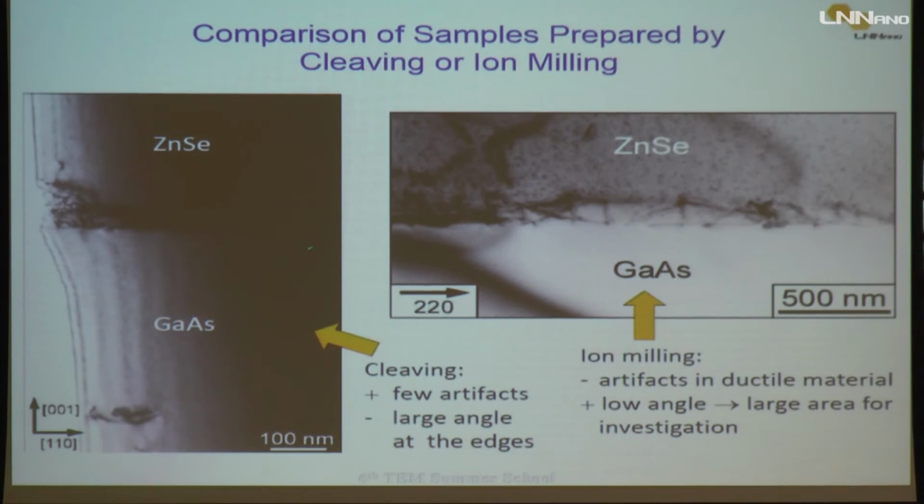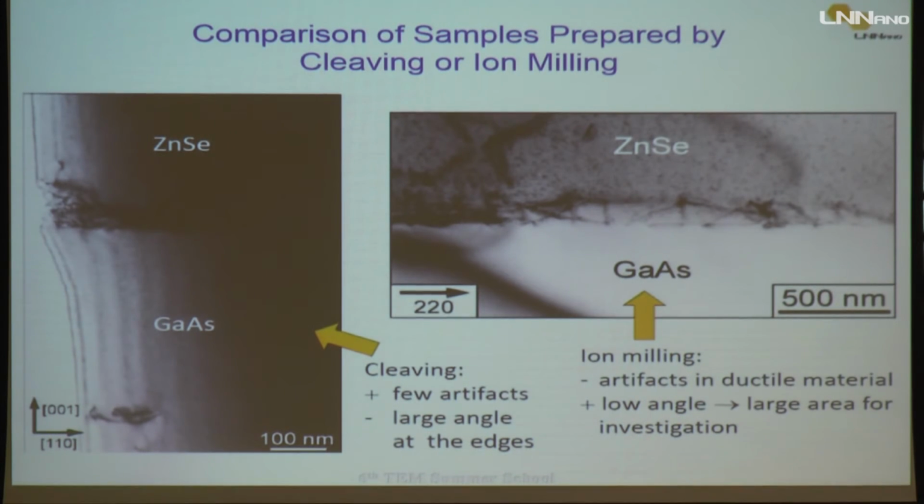Here's a comparison between the cleaved sample against the ion milled sample. Cleaving, you have very few artifacts because you just cleave the material and it's almost perfect, but you cannot see too much into the material because you are really limited by the edge of the material, just the edge, because just there you have electron transparency.